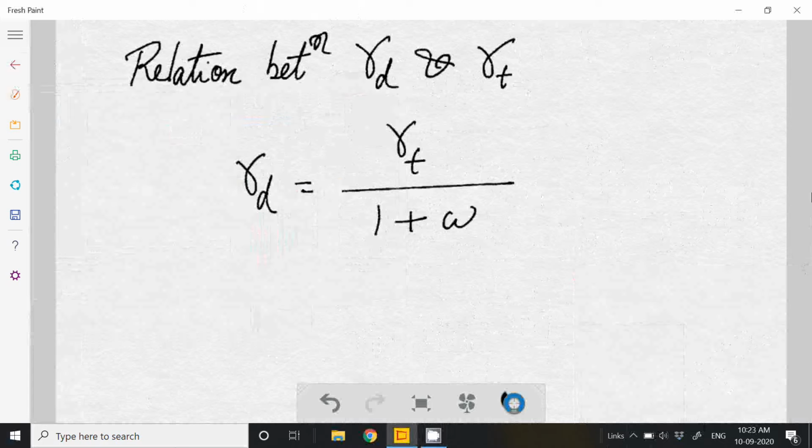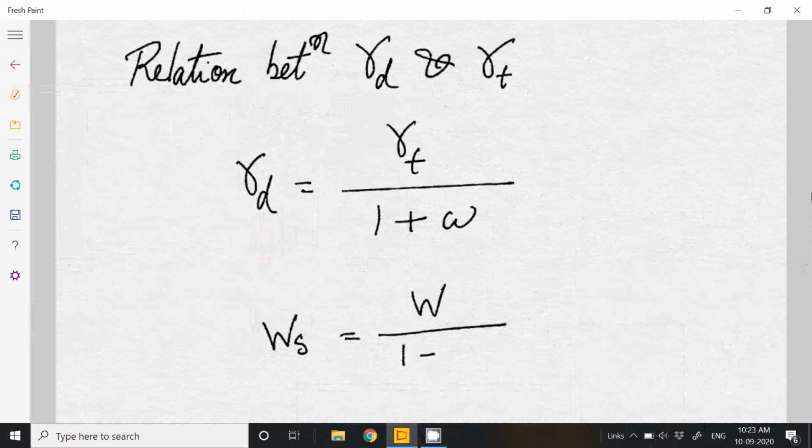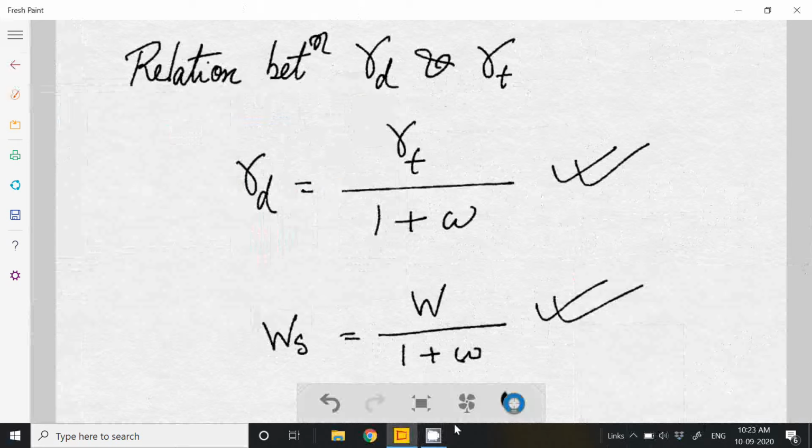If you look at it, it looks similar to the relation like this, isn't it? Means weight of solids is equal to W by 1 plus moisture content. So it goes the same way. The pattern is the same. This is what you need to remember. You have to remember a lot of formulas.